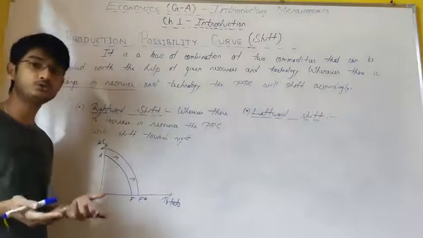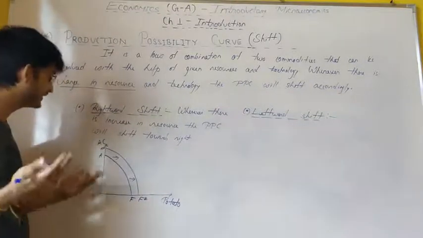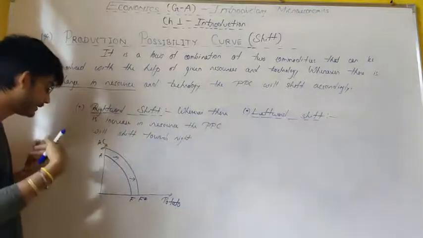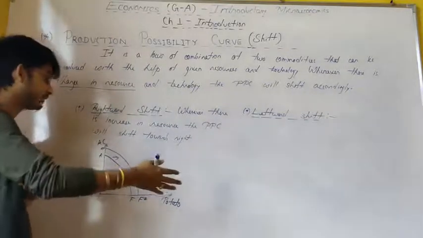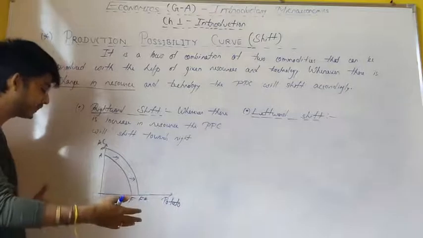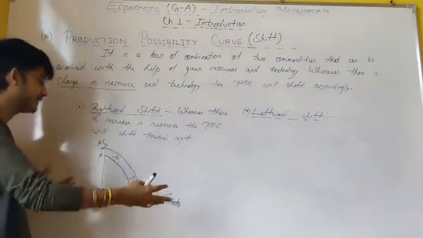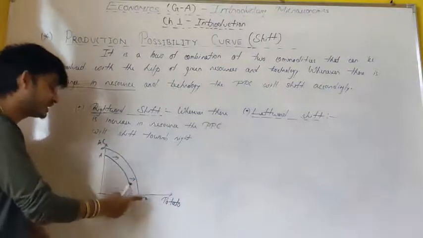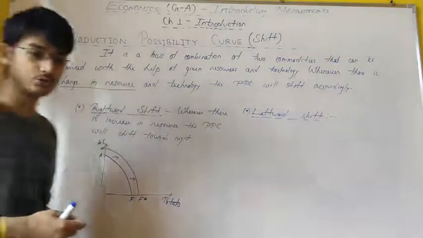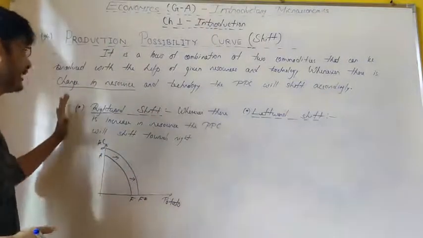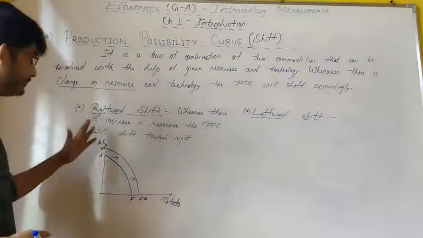We are able to produce more, and this resulted in our production possibility curve shifting rightwards, and the initial PPC curve, which was AF, has shifted rightwards to S star, F star. So this is the simple rightward shift of PPC.